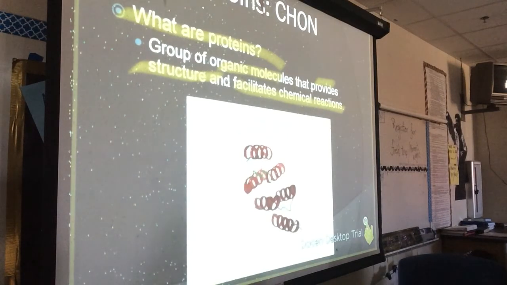CHO, CHO, CHON. The first CHO was in a ring. The second CHO was in a strand with 2 tails. CHON is going to be a little different. Proteins are organic molecules. They provide structure and facilitate chemical reactions.